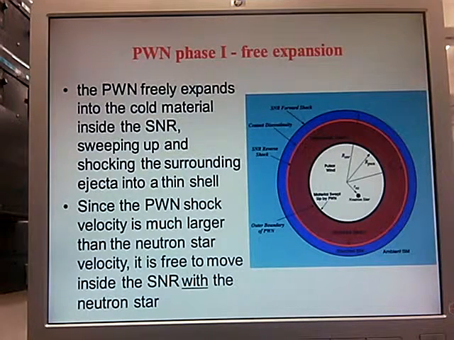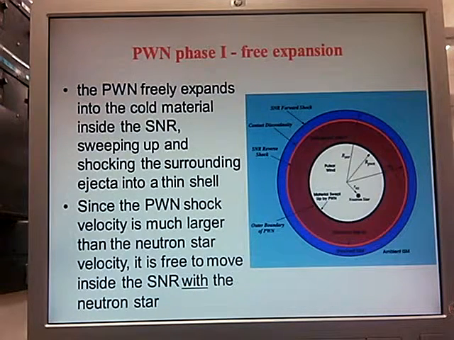And that supernova shock has gone through and left a fairly low density shocked material behind. So initially our wind is basically moving through nothing. It's picking up mass as it goes, but not much. So it's basically undergoing free expansion. Particles stream off, and they don't have to do much. They sweep up and they shock the surrounding ejecta into a thin shell at the edge of this nebula, but it's not very much mass.